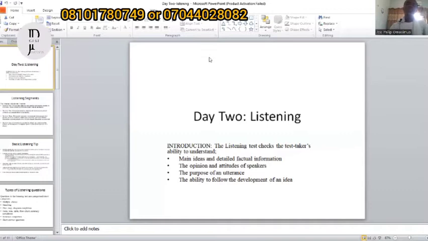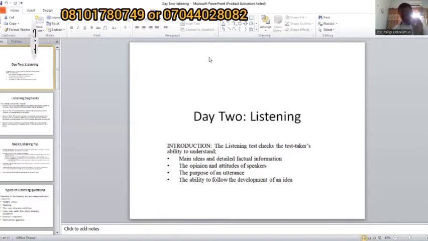Now, the listening test checks the test taker's ability to understand main ideas and detailed factual information. How well are you able to understand these main ideas in detail?